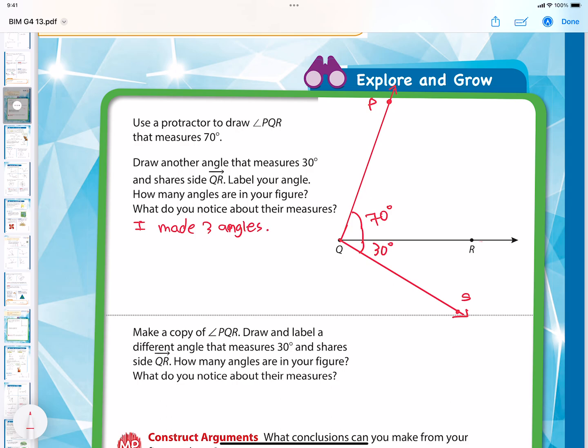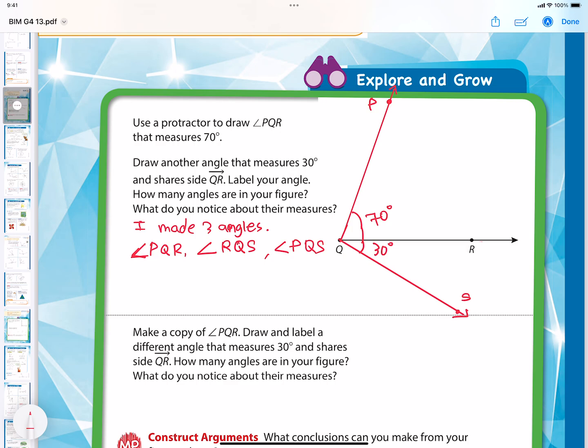Which are angle PQR and angle RQS, right? And angle PQS. That's what I made.